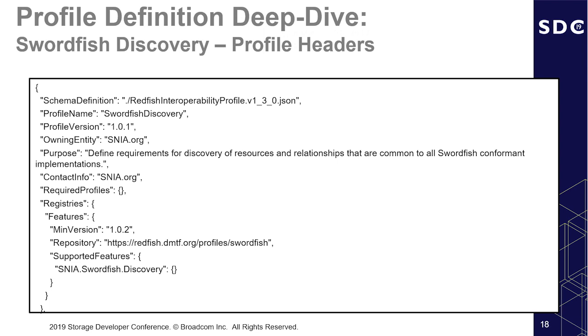So here's the first one, just a bunch of headers, right? This one says, here's the registry. It pulls in that feature registry and says, this is the actual supported feature that is used or required or dealt with somehow in this file.